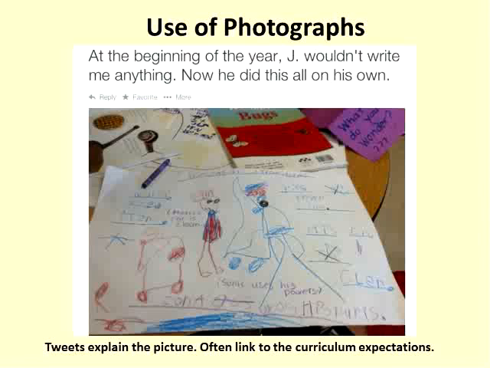In this particular case, being able to look back and have that documentation of the picture of the work the student did on the first day of school in September, and then seeing what the student's doing now, shows me that the students are learning, because you're able to see the growth in that particular child.